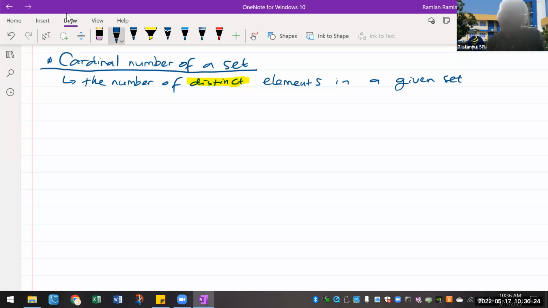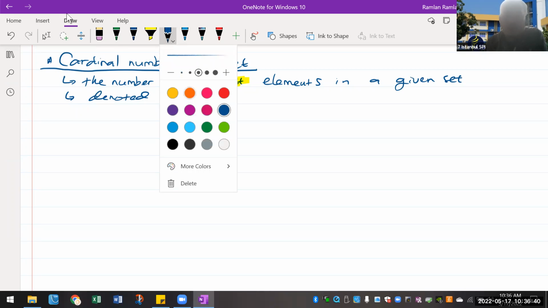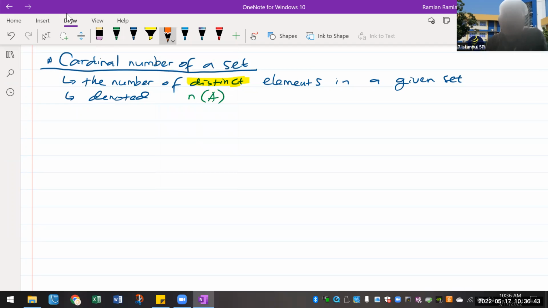It is denoted by the letter N, and then put brackets and then the name of the set. So you will have a different letter inside the brackets depending on the name of the set. I'm going to write it down here, guys. Writing some notes. This is going to be the name of the set.